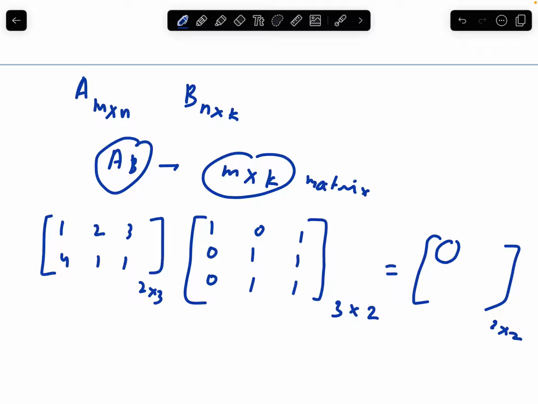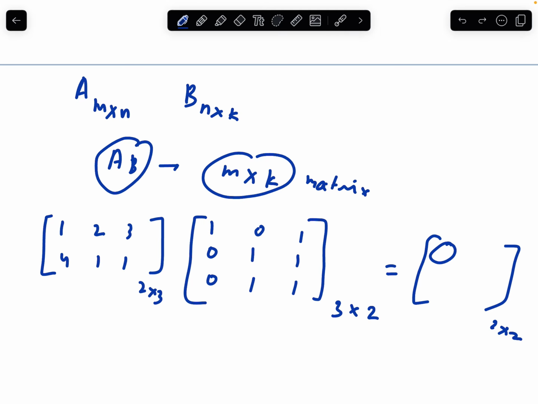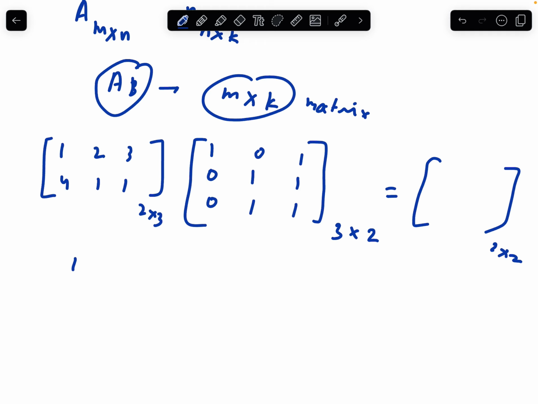Let's see what the entries are. First, we need the 1/1 entry. To get the 1/1 entry, take the first row from here and the first column from here, and multiply them pointwise, and add. So you get, that is, you're taking this and this. We're trying to produce this. This is A11.